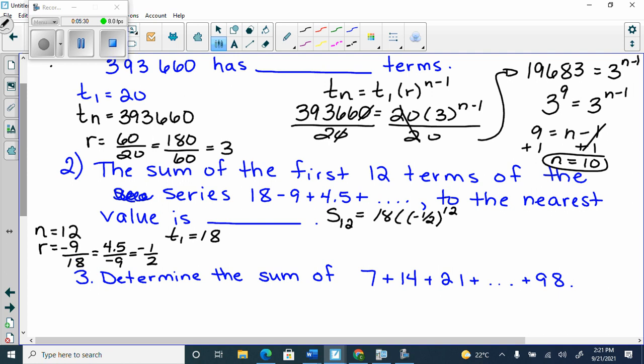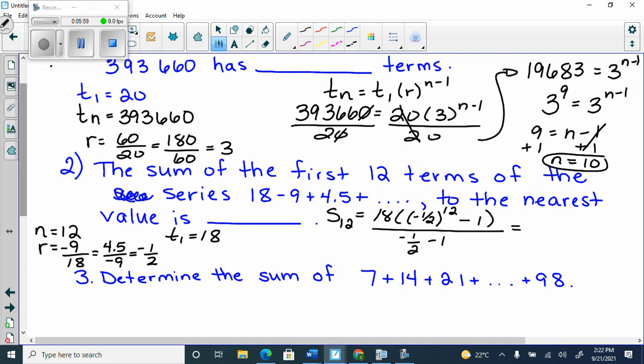It's 12. You add 1 if it's a word problem. This one's 1 is down here first, and it's not up at the end, it's beside it. And then R is -1/2 minus 1.